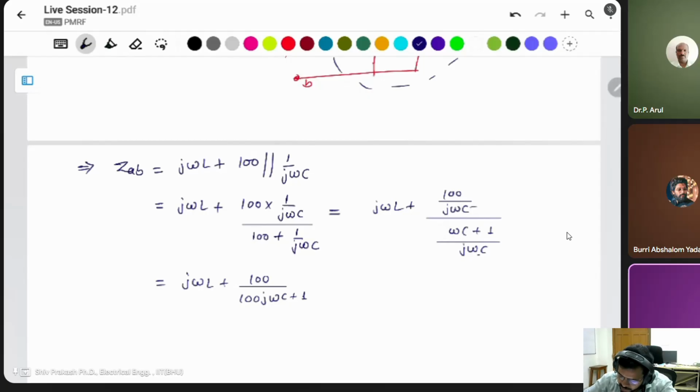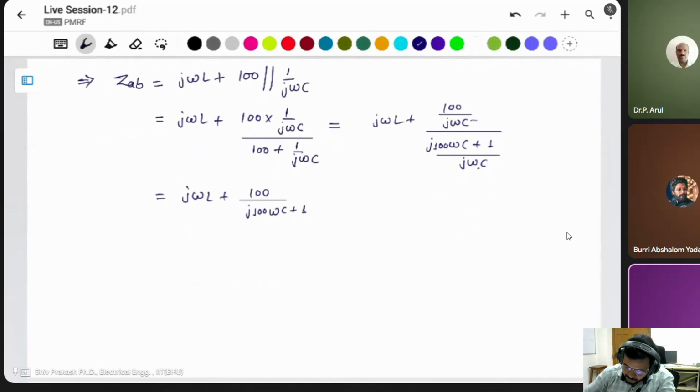Actually, you can say the imaginary term first, j 100 omega C. We have to simplify the complex term on one side and the real term on the other part. Then how can we remove the imaginary part in the denominator?